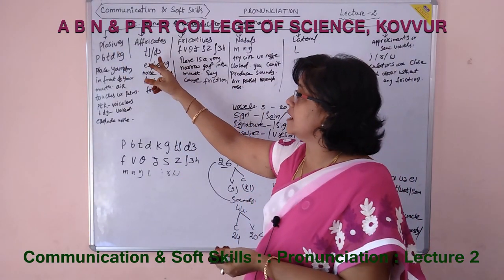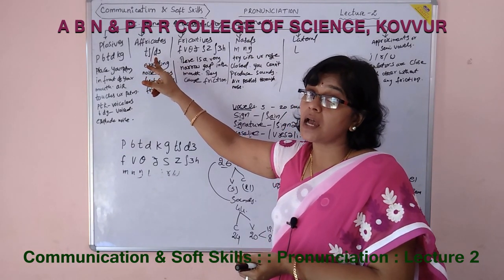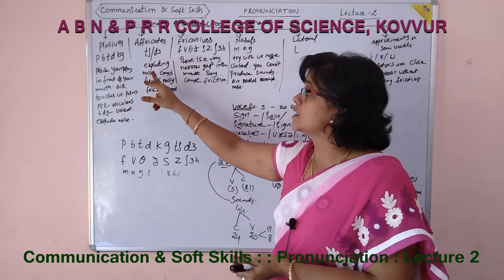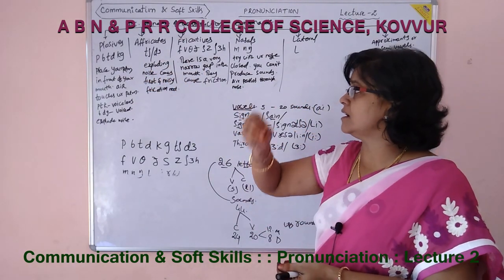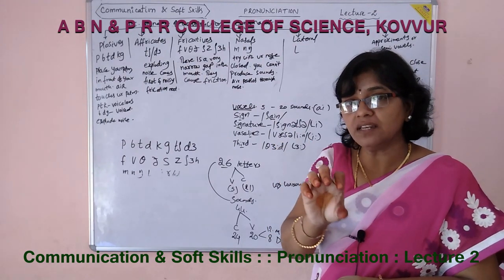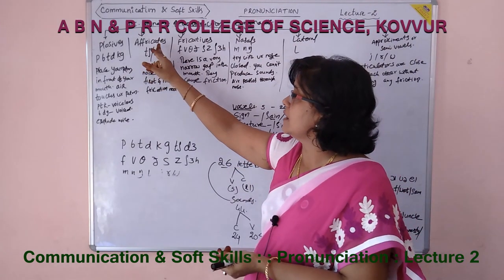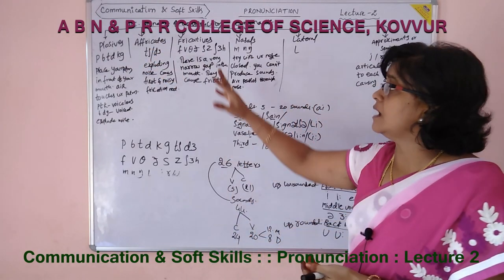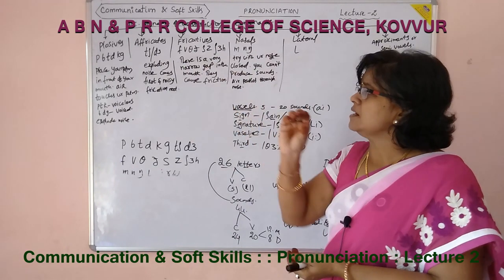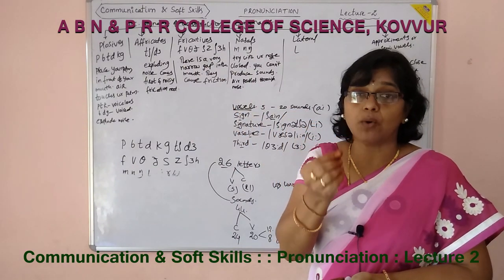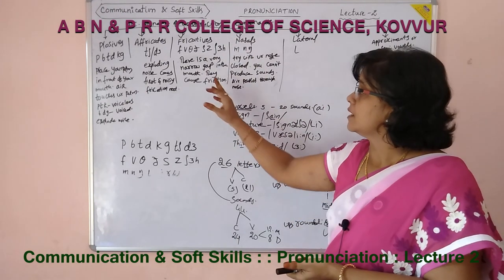Coming to affricates, cha, cha. Exploding noise comes first and noisy friction comes next. That's why they are called affricates. Coming to fricatives, there is a very narrow gap in the mouth when you articulate these fricatives.